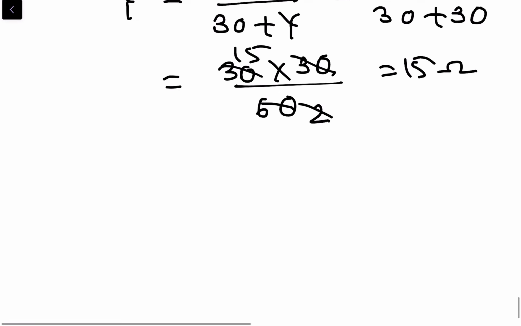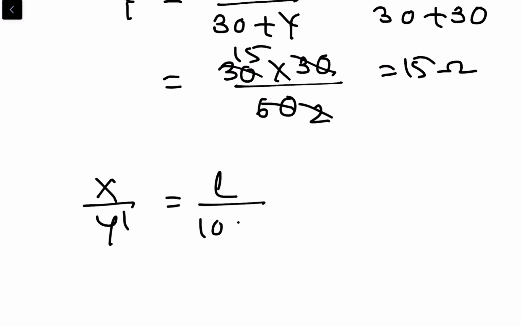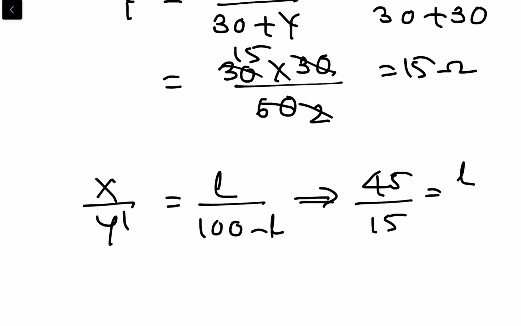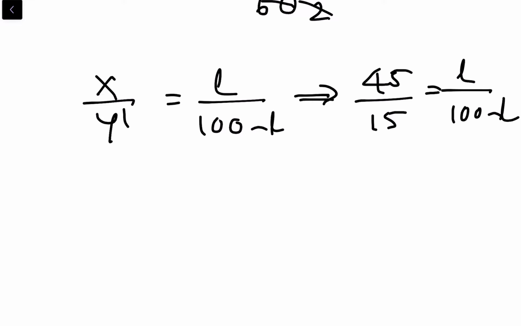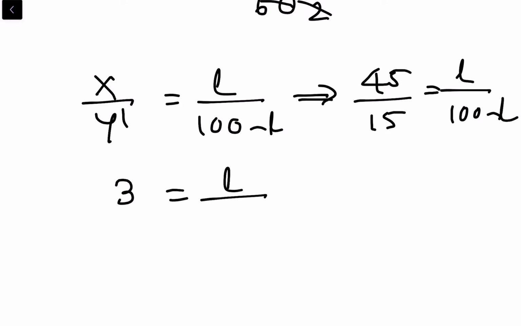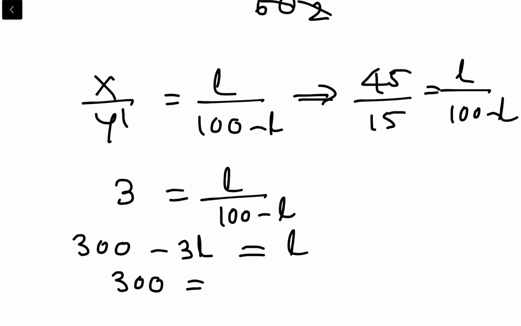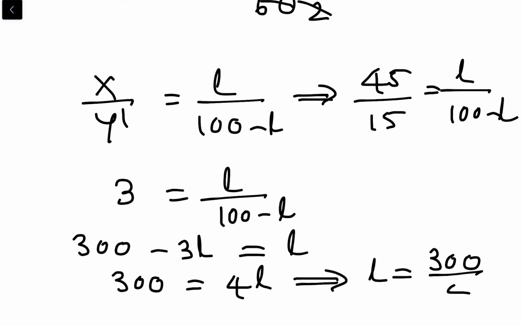Therefore, now we have to find the null point, that is x by y dash is equal to L by 100 minus L. That means x means just now we found 45, y dash means 15, so we get 3 is equal to L by 100 minus L, that is 300 minus 3L is equal to L, or 300 is equal to 4L, that gives rise to L is equal to 300 by 4.